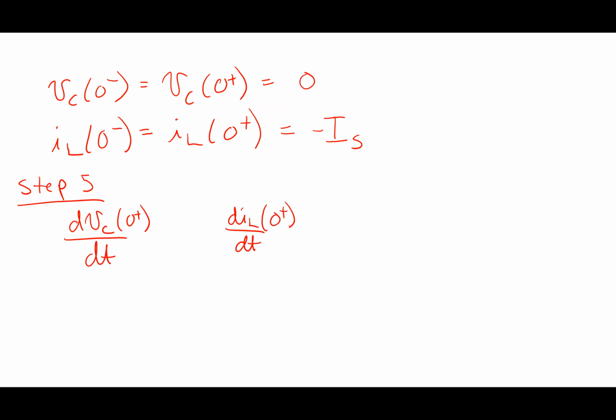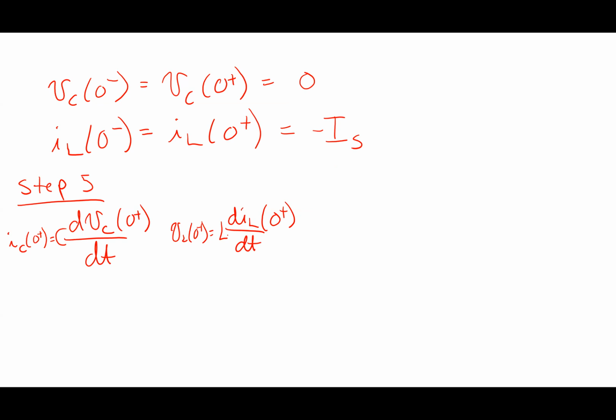Okay, so what are these things? Well, I sub C is equal to C dV/dt, and V sub L is equal to L di/dt. So what I have to do in step 5 is solve for IC and VL at time t equal to 0 plus.